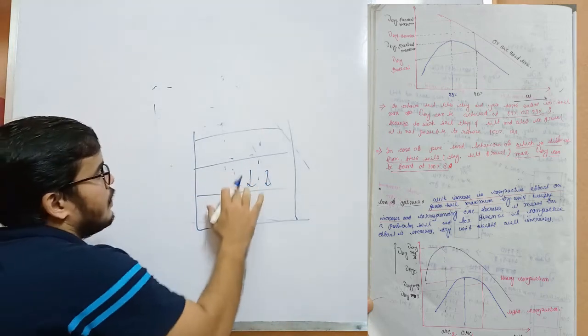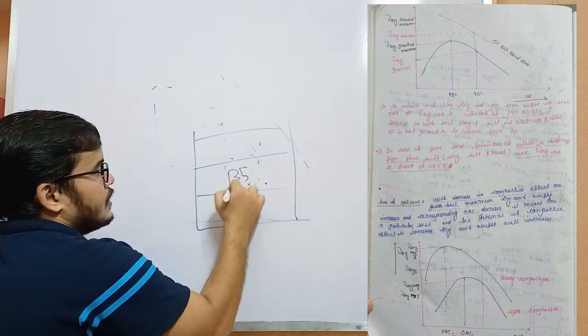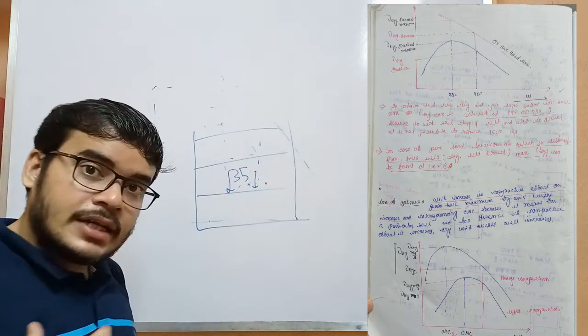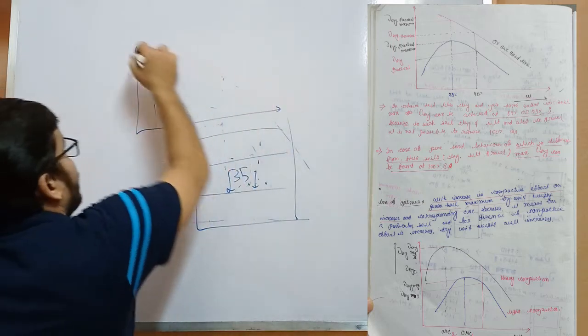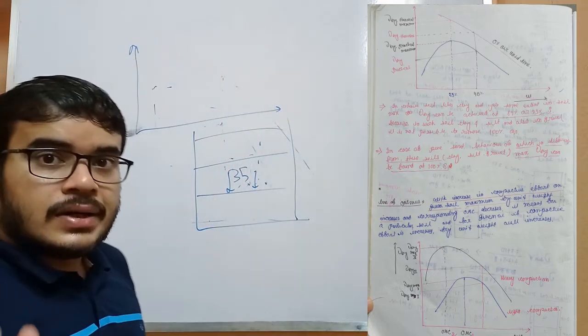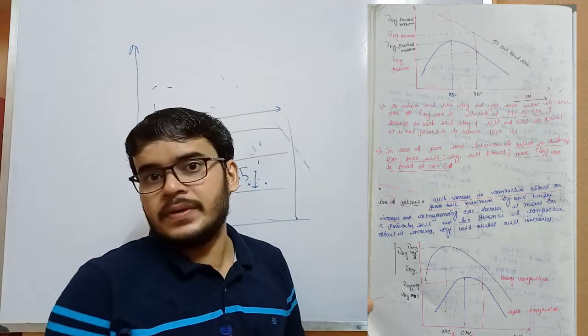If we increase the number of blows, like from 25 to 35, then the soil will be compacted more, and the gamma dry value will increase in comparison to the previous case.